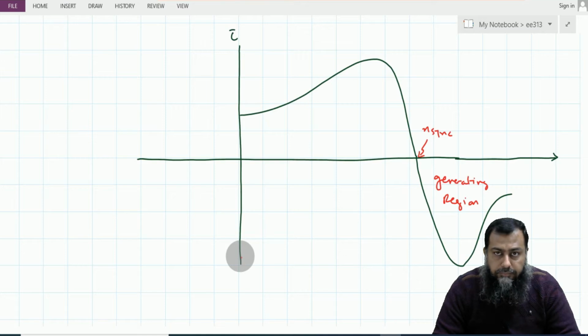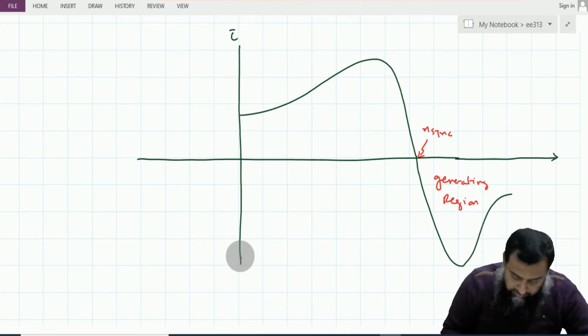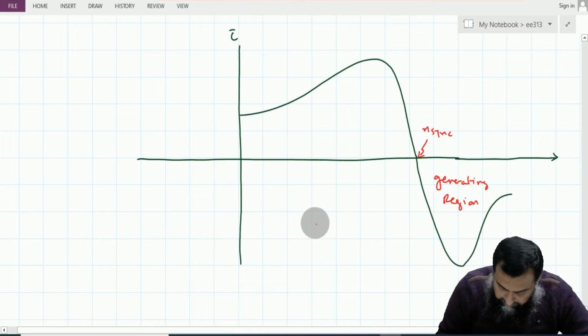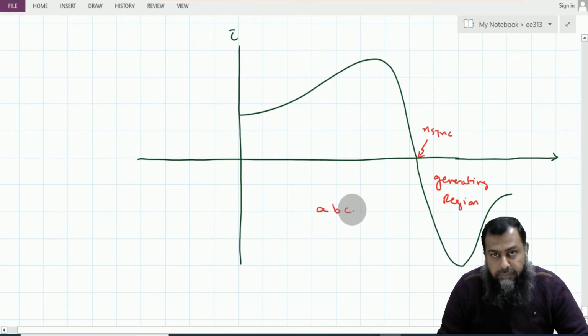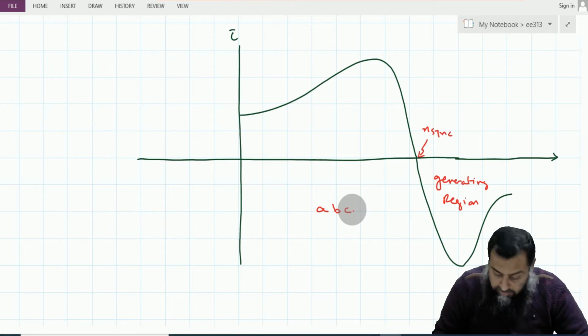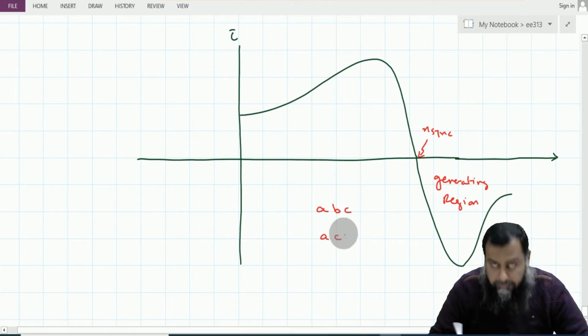Now there is another case. What happens if for any reason the three phases supplied to the stator of an induction motor are reversed, such that phase B and C, or any two phases, are interchanged with each other? Let us say that the supply has an ABC sequence, and you swap two of the phases such that it becomes ACB.